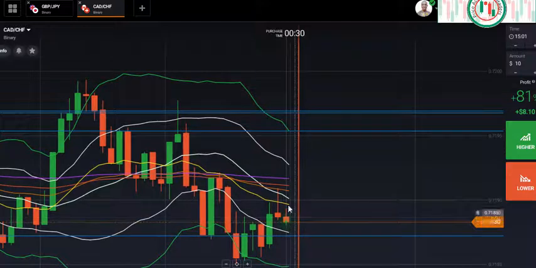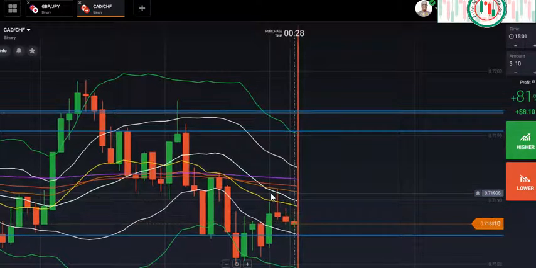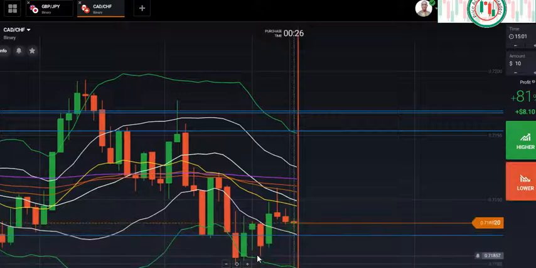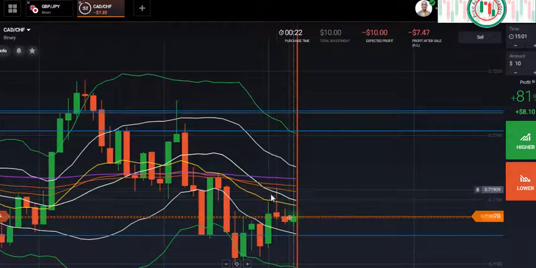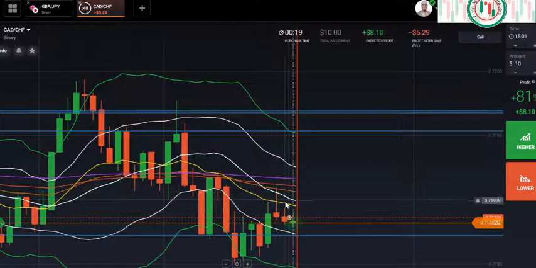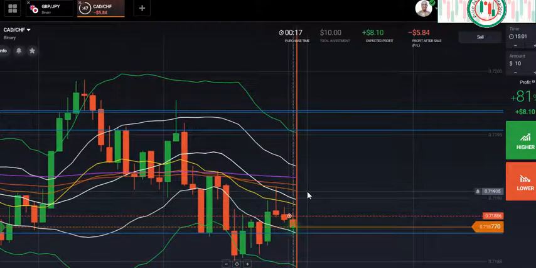Yes, I will place my put option trade, because the formation of this EMA showed that the market will go down.